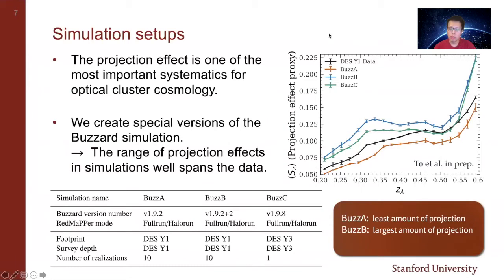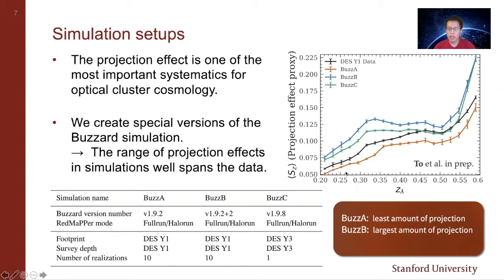So in this plot, the y-axis is a proxy for the projection effect as a function of redshift. The reason we choose this proxy is because we can directly measure it on the data. This is shown as the black line, with the error bar, which is the measurement on the DES Y1 data. And the three different colored curves correspond to three different simulations.